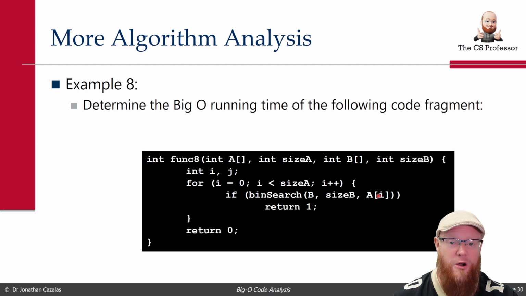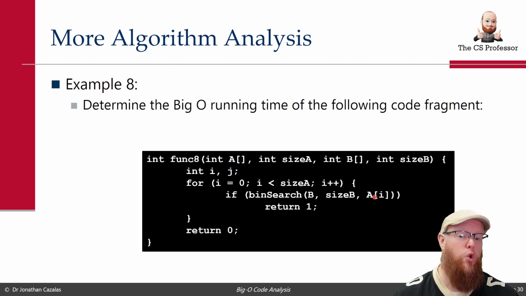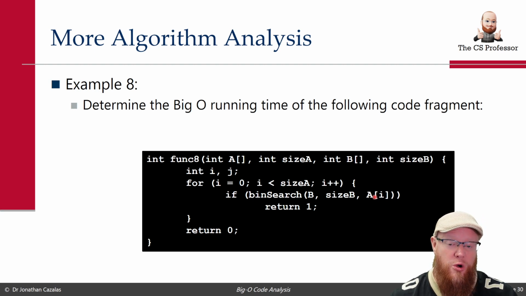And we're not sending over array A, we're sending over a specific index from array A. What this really means is we're going to be looking inside array B for a value from A. Cool. So we're doing a binary search over array B, and we have the size of B.